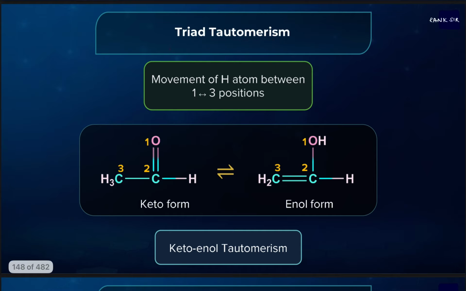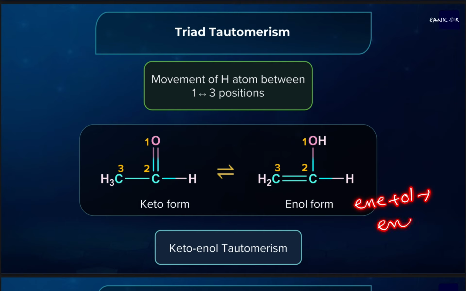Triad system: movement of hydrogen between the 1, 3 positions. These are not IUPAC numbering, just where the movement is happening. Oxygen 1, 2, 3. This hydrogen moves here and this pi bond moves here. Then it forms a double bond and here OH. This is called ene plus ol, so double bond means ene plus ol.